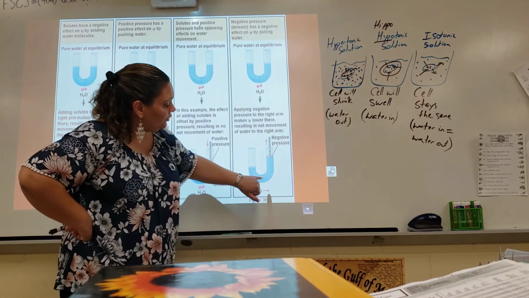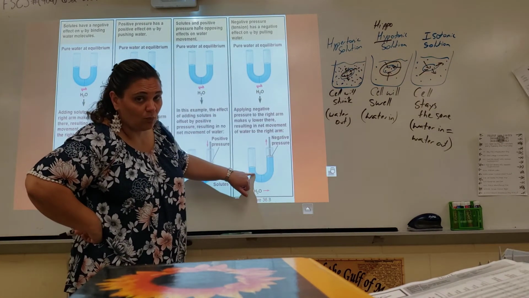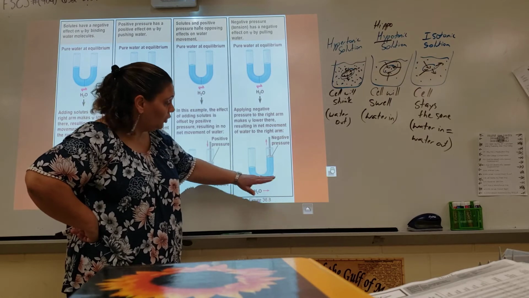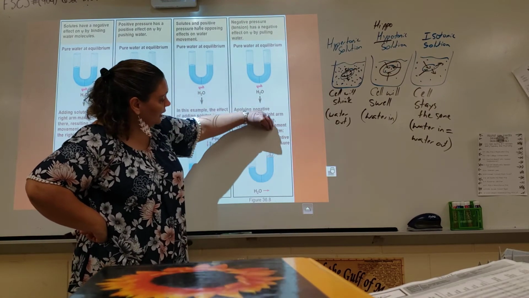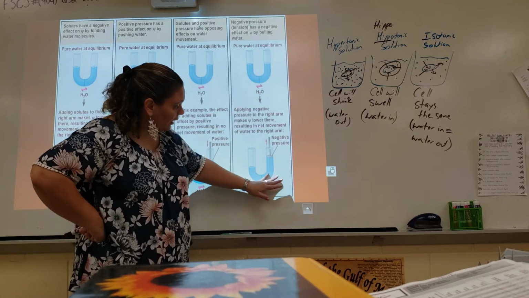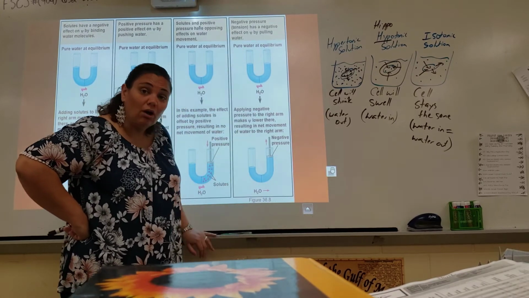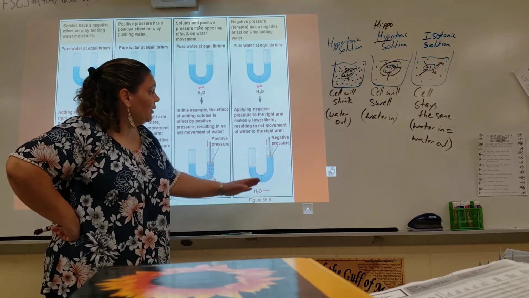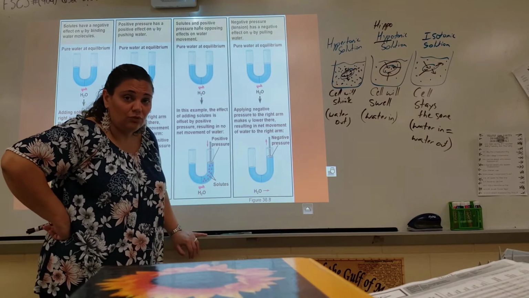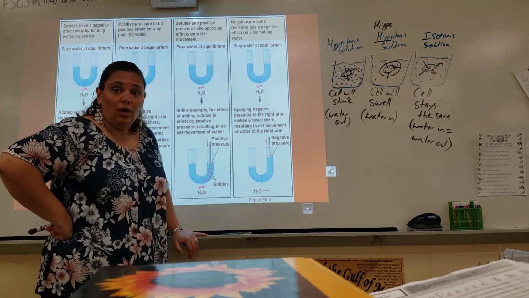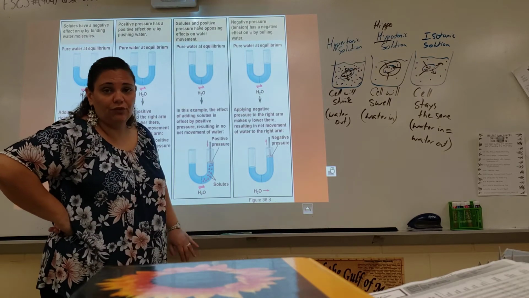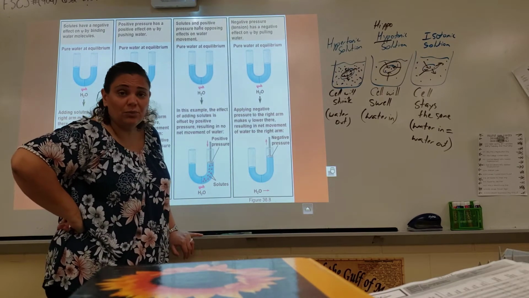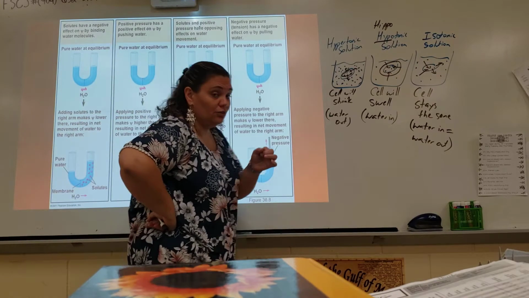And even though these two are both pure water, there's no solutes in it, so there should be no reason for the water to go from this area to this area. Because that negative pressure, you're sucking up the water. Kind of like a straw, right? This right here is explaining how trees are able to suck up water all the way up from the root systems to the very tall, 200-foot tall trees, just like we do in a straw, right? As long as the straw is the right size.